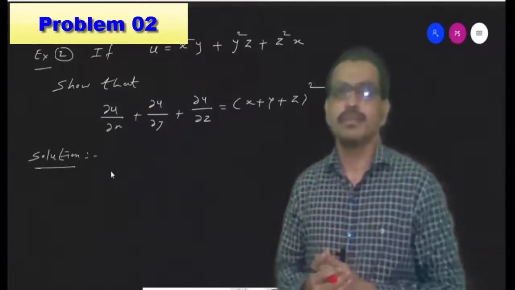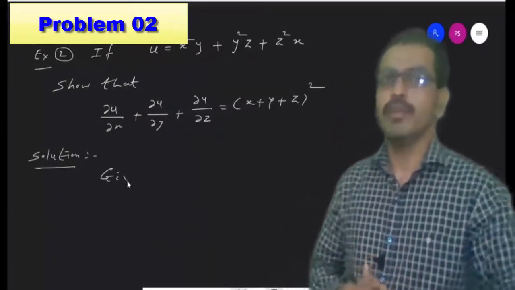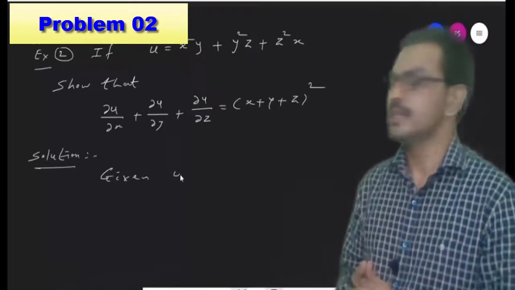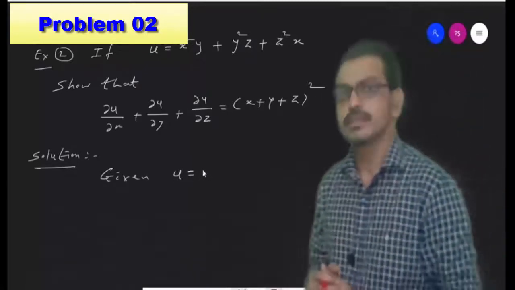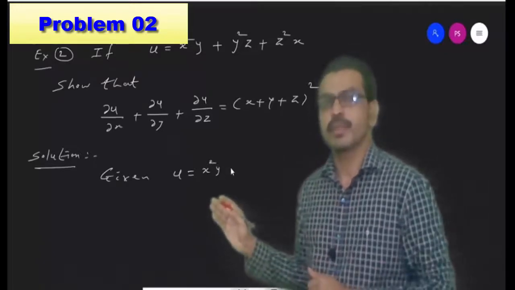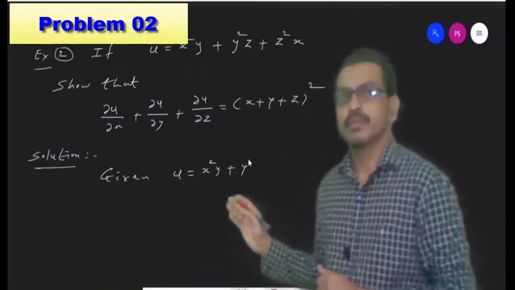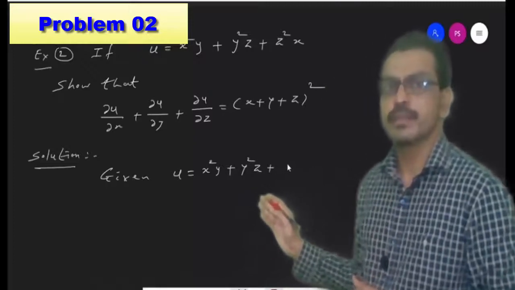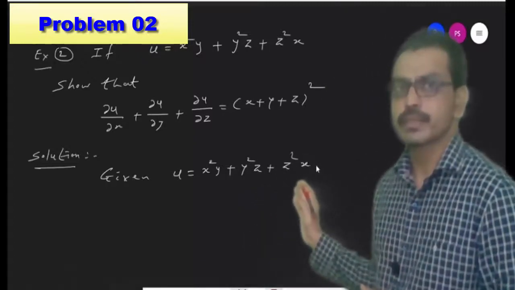Let the given function be u is equal to x²y + y²z + z²x.